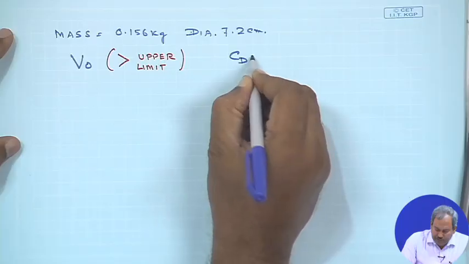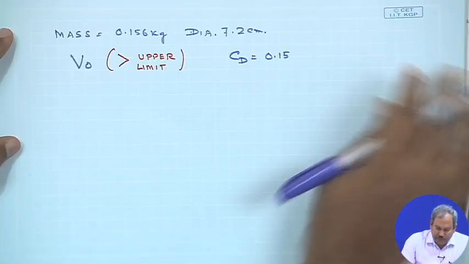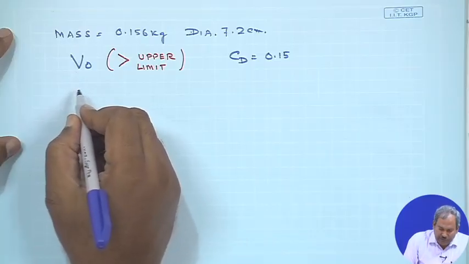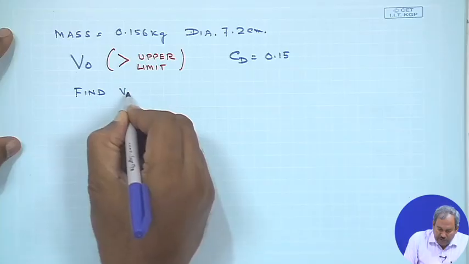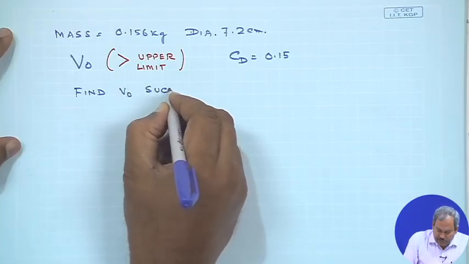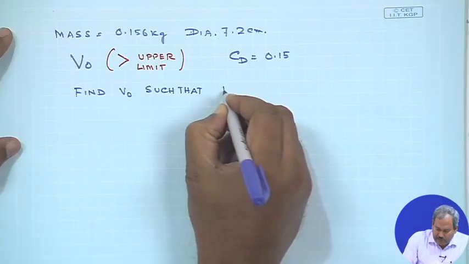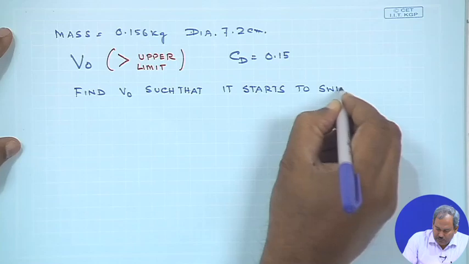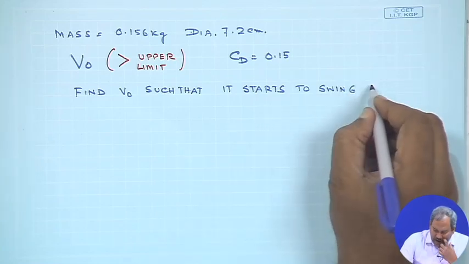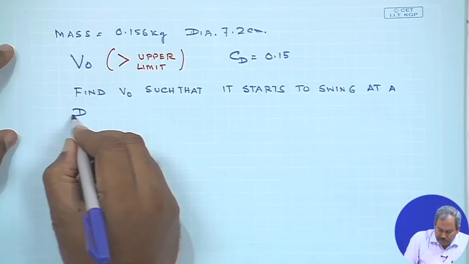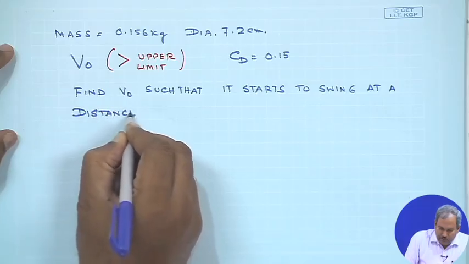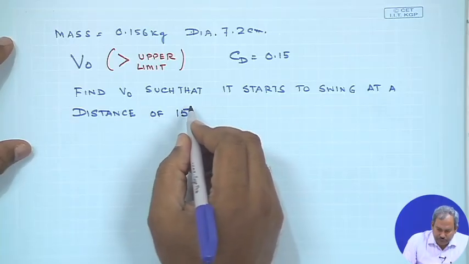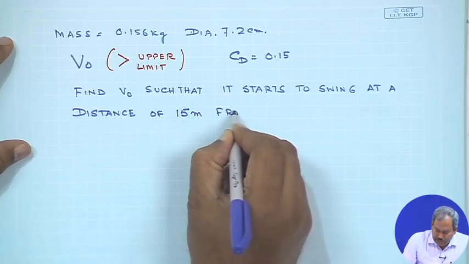The drag coefficient in this case is 0.15, which is provided, and you need to find v naught such that it starts to swing at a distance of 15 meters from the bowling end.